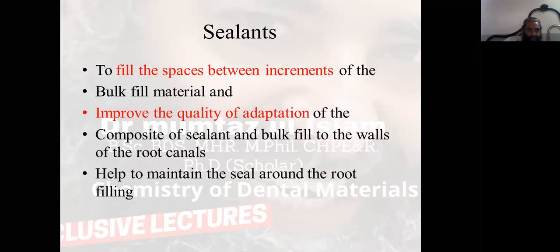Sealants fill the spaces between increments of the bulk fill material and improve the quality of adaptation of the composite of sealant and bulk fill to the walls of the root canals, and help to maintain the seal around the root filling.